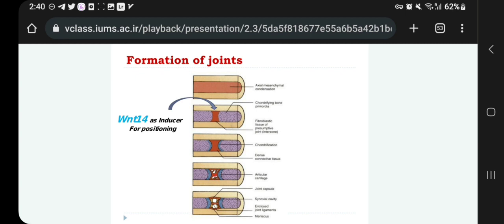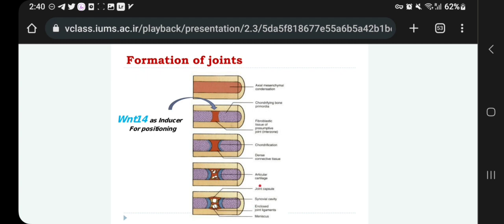Some of what remains after the cell death is the ligament, part of the meniscus and disc. All of them are left over from the cell death in the interzone.